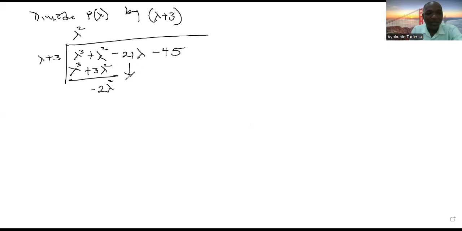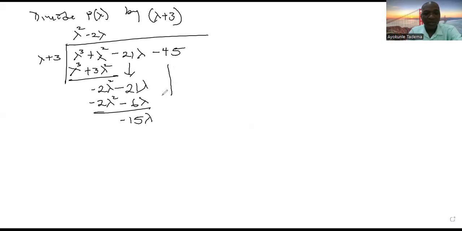You bring this one down, minus 21 lambda. Minus 2 lambda squared divided by lambda, you have minus 2 lambda. Minus 2 lambda times lambda gives minus 2 lambda squared. This one times this is minus 6 lambda. This one becomes positive again. Minus 21 plus 6, that is minus 15 lambda.